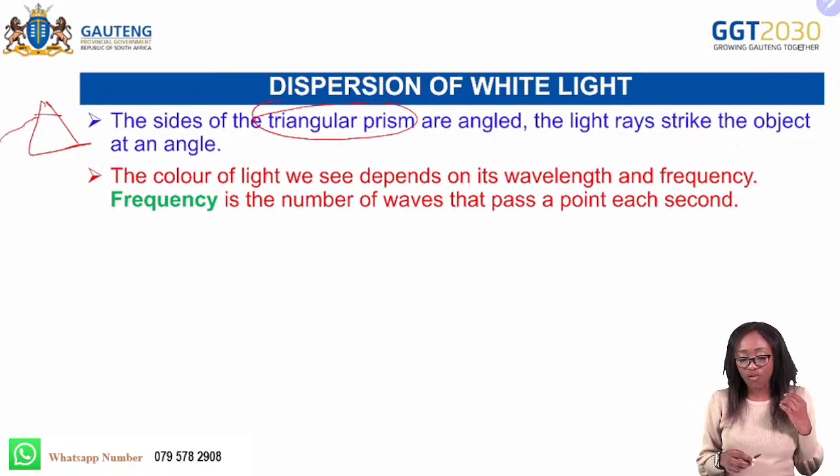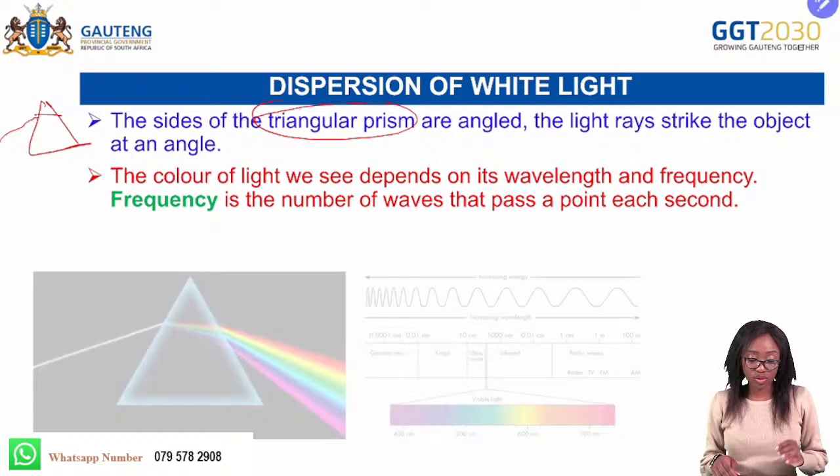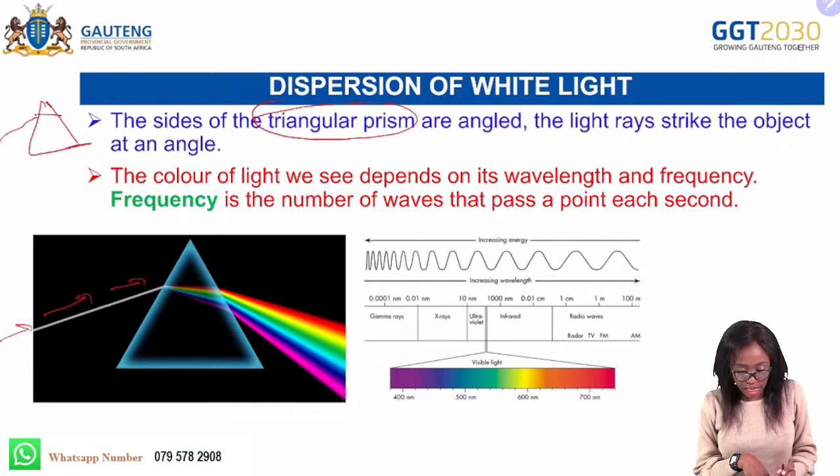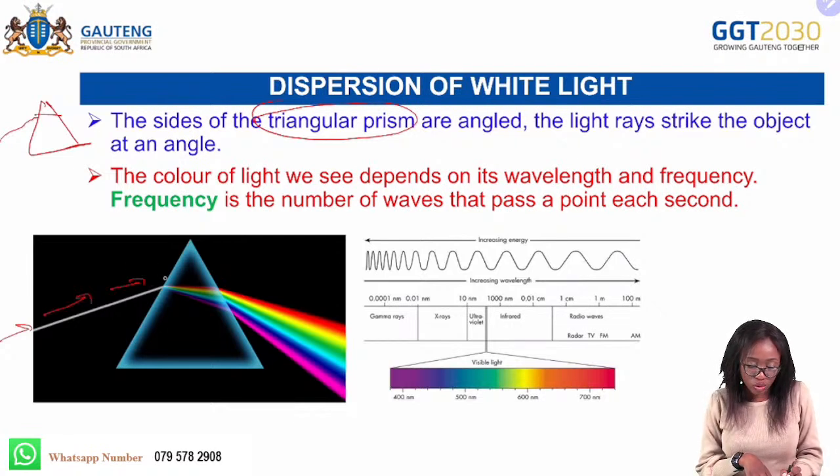Frequency is the number of waves that pass a point each second. So there is our light, there's our triangular prism, there's our white light coming from this direction. It strikes the side of the object, bends the light, and then splits or disperses it into the different colors that make up white light, which are red, orange, yellow, green, blue, indigo, and violet.